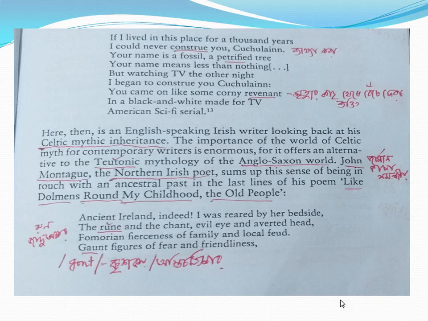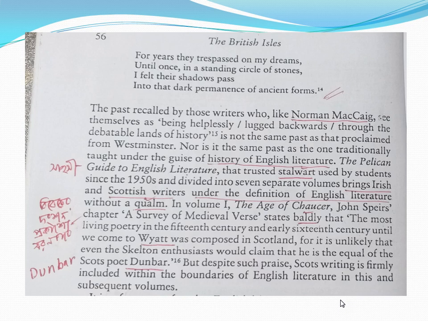So with all this, in the UK, Ireland has a different identity, Scotland has a different identity, and Wales has a different identity. Okay, so whenever we call the literature of the British Isles, we have to compare the literature from all parts of the UK.